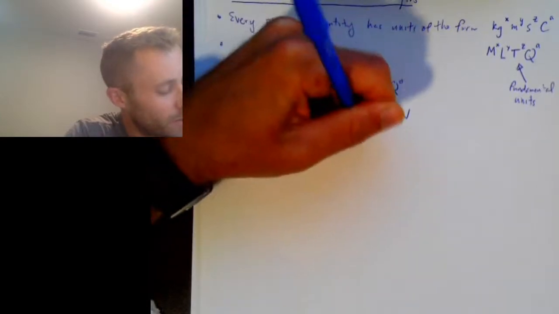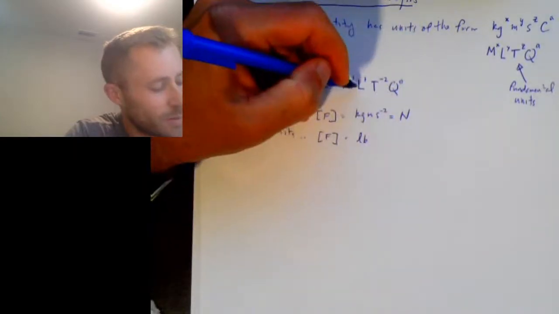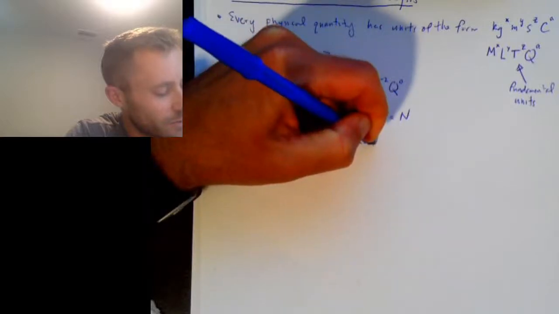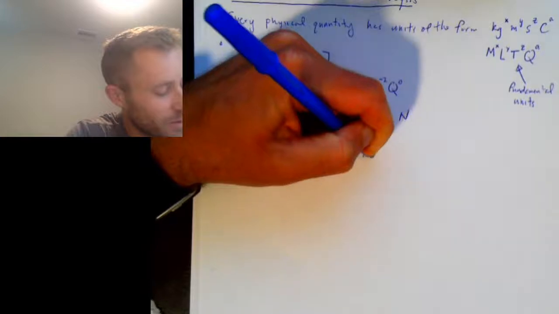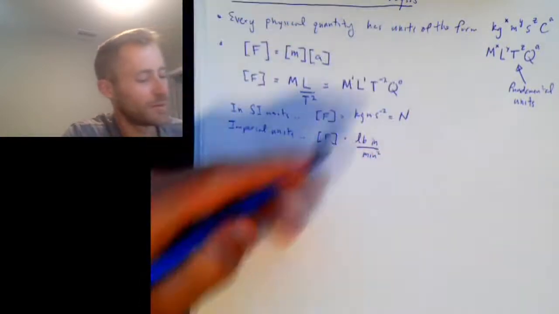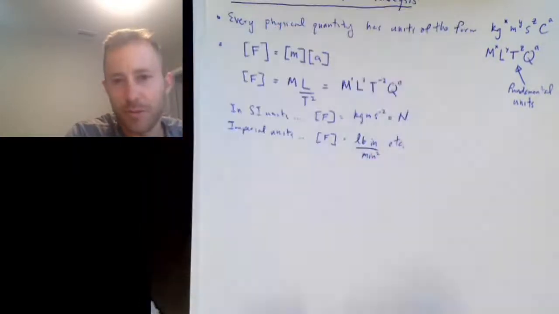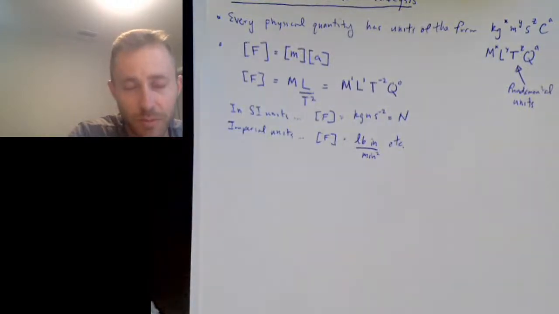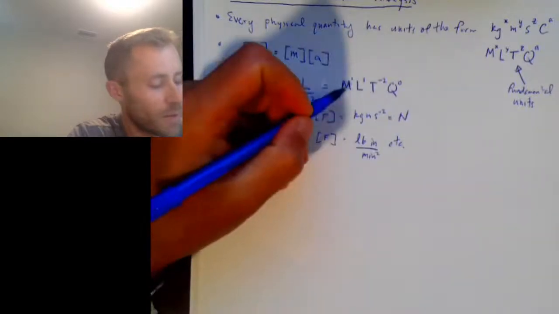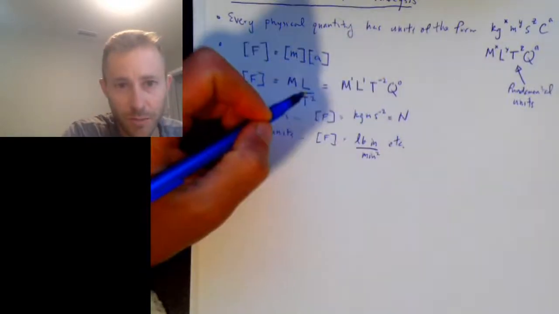Length is measured in inches. Pound inches per minute squared. I don't know, something like that. So we can come up with a bunch of different units of force depending on our system of units. Okay, but all units of force are going to be a mass times a length divided by a time squared.